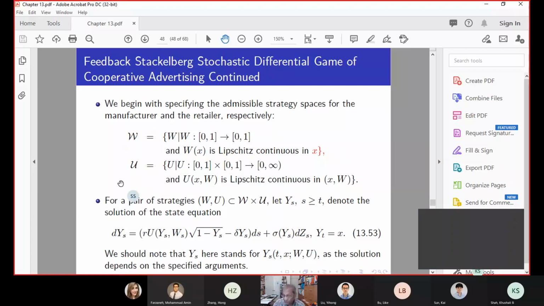If I define it the Nash way, it's a Nash game. If I define it Stackelberg, you see it's a function of x and w. That's not the case in Nash. I cannot have this in a Nash. If I remove this w here, then the definition becomes Nash. So that's what's going on.